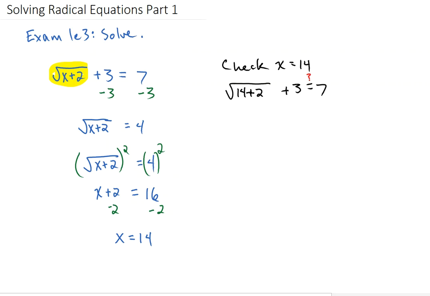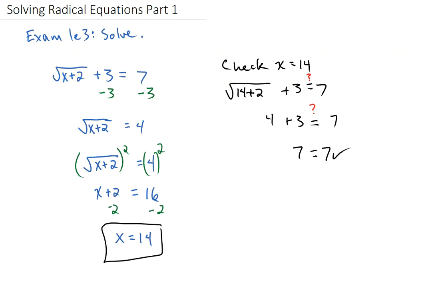I help keep my brain in check on that by putting a little question mark above the equal sign. So the square root of 14 plus 2, that's the square root of 16, which is 4, plus 3. And we're asking, does that equal 7? I think it does. So we can say, hey, 7 equals 7, yay. And then we can decide that 14 actually is a solution to the original equation.